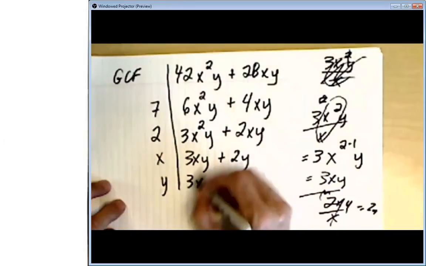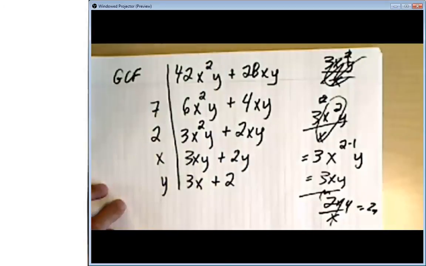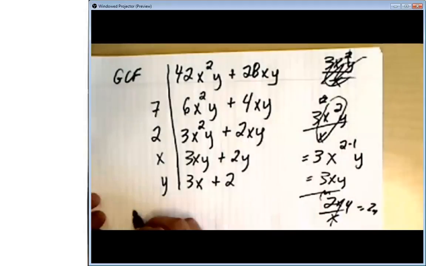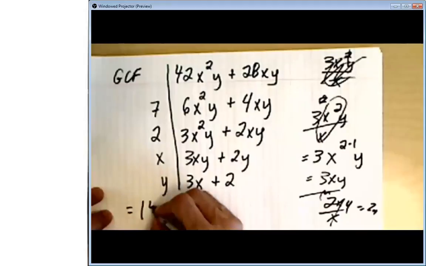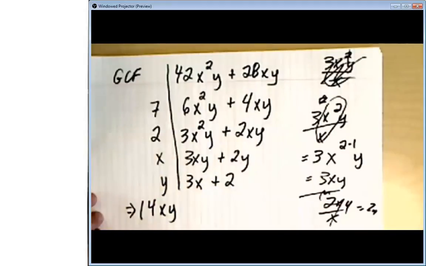The y's are gone. Divides out. Y is gone. Nice. I think Zoom just beat you. 14xy for the GCF that we got there. Exactly. Okay. Good.